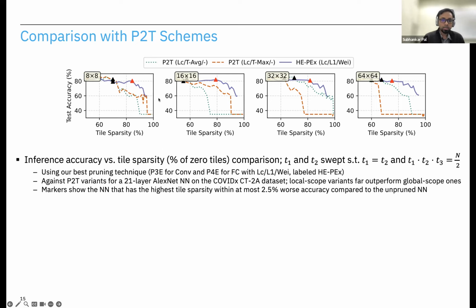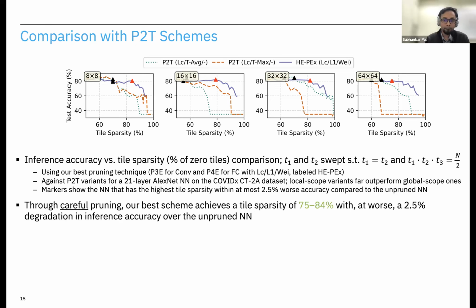And the markers shown here show the point at which we get the highest tile sparsity for at most 2.5% worse accuracy compared to the original unpruned neural network. We're assuming that's a point a designer would choose if they don't want to compromise on accuracy, but still want the speed and storage benefits with the pruning scheme.